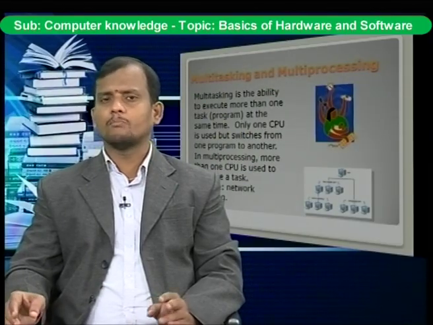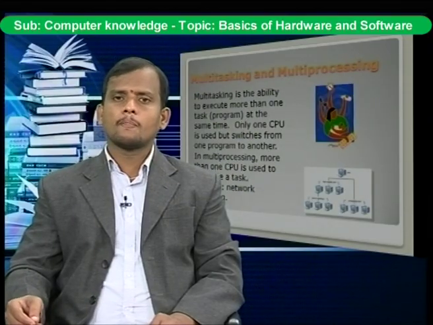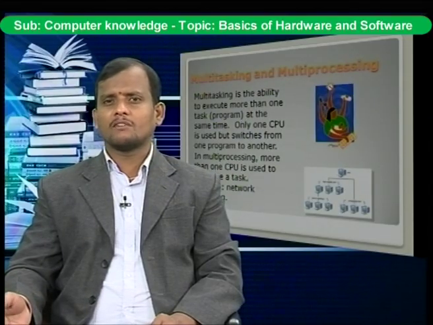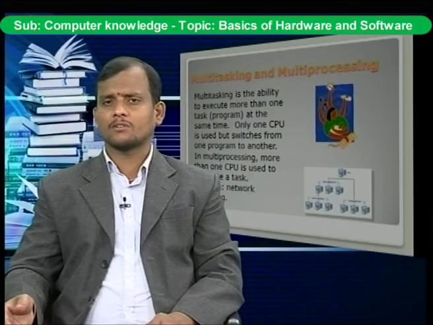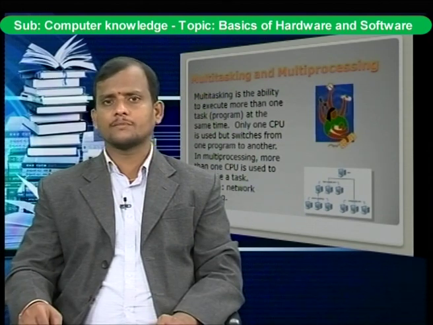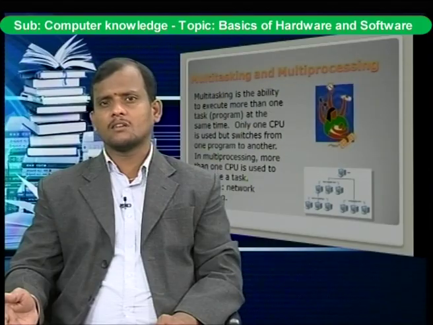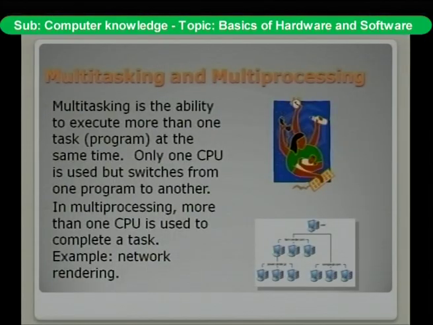So the major difference between multitasking and multiprocessing: usually there might be confusion about what is multitasking and what is multiprocessing. Generally, in competitive exams also, they may ask this. Multitasking: one CPU, multiple instructions. Multiprocessing: multiple CPUs, one instruction.